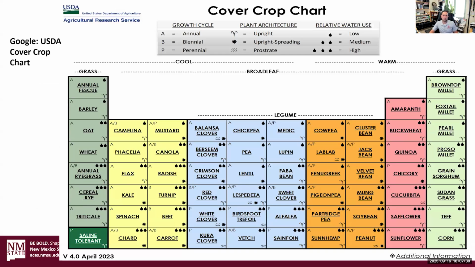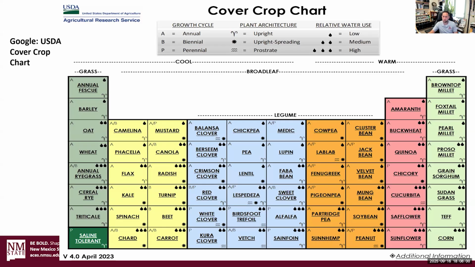And here, moving on to the cover crop chart, I think this is a really neat chart that the USDA provides. If you Google USDA cover crop chart, the latest version is from 2023. It goes from cool season to warm season. It breaks it into different grasses, broadleaves, and legumes.